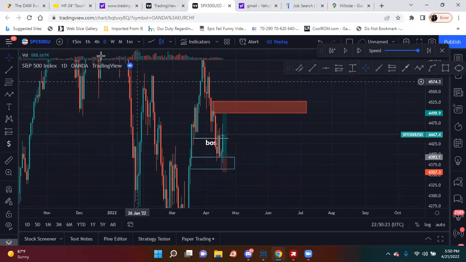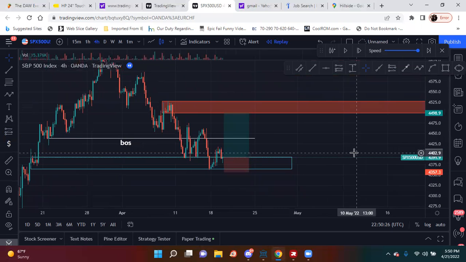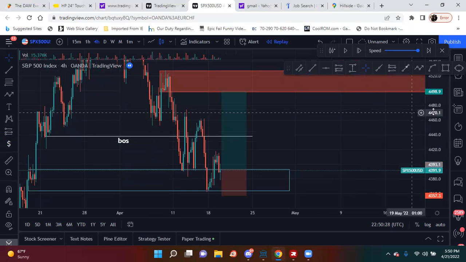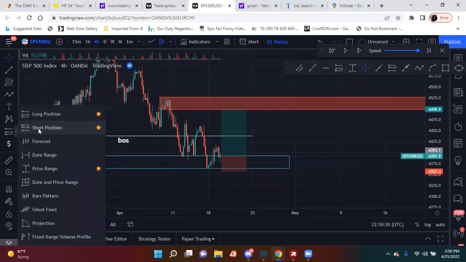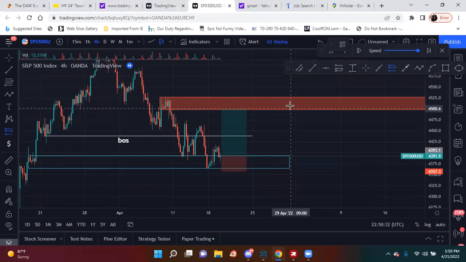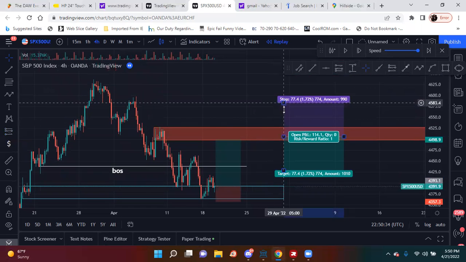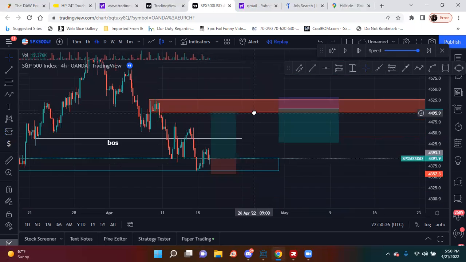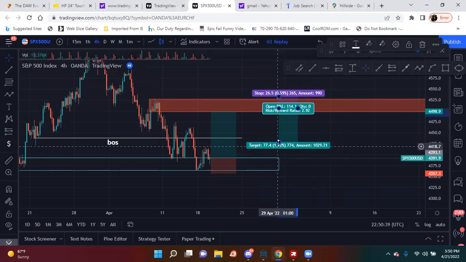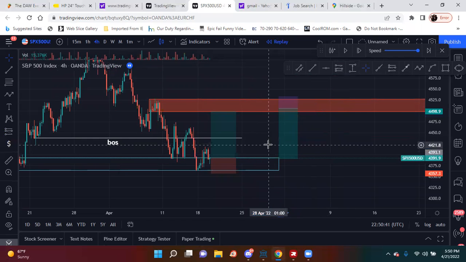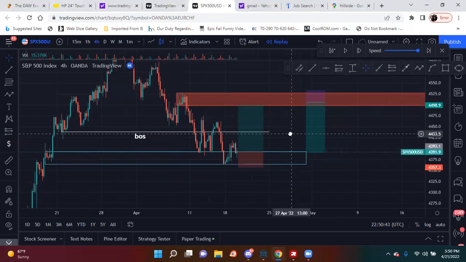So for this to push back up like that, you already saw what happened. But once it got right there, I'm shorting back to this zone down here.